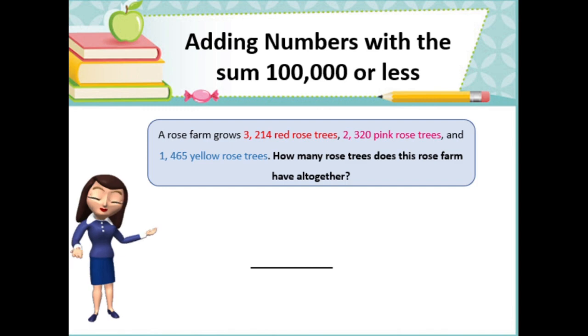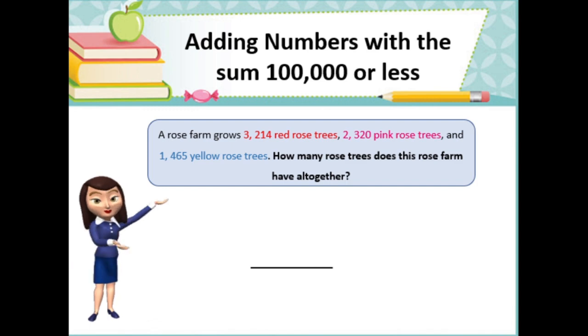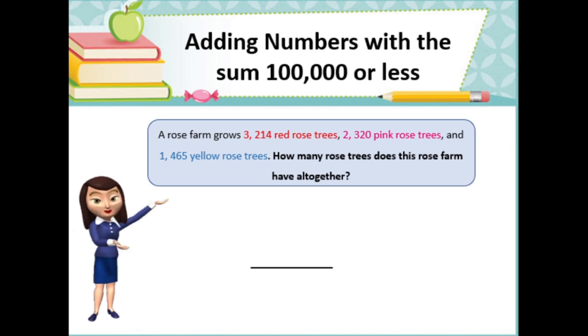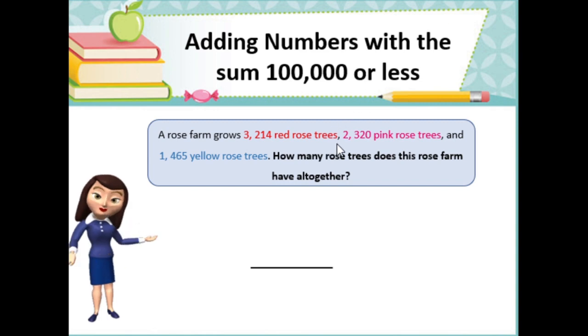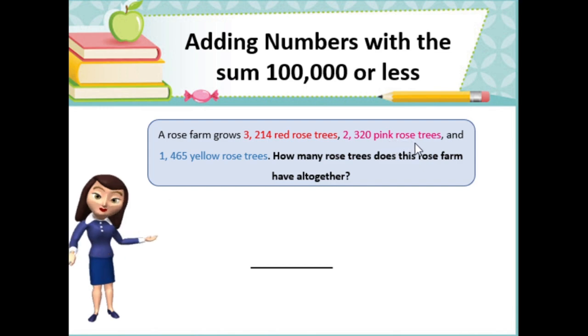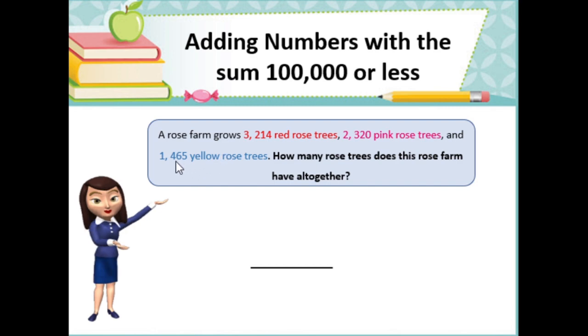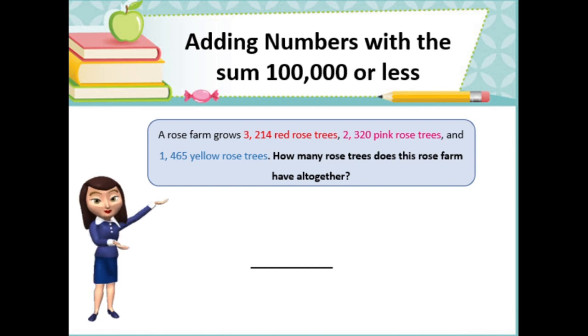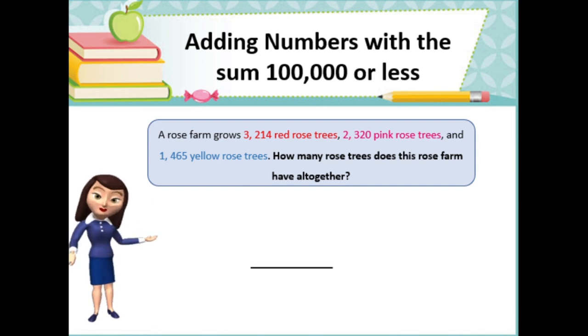A rose farm grows 3,214 red rose trees, 2,320 pink rose trees, and 1,465 yellow rose trees. How many rose trees does this rose farm have altogether?